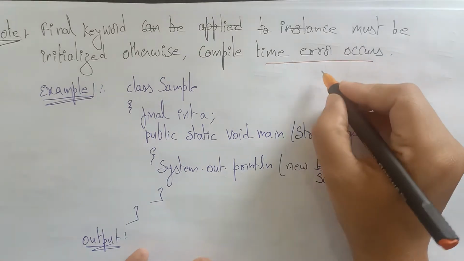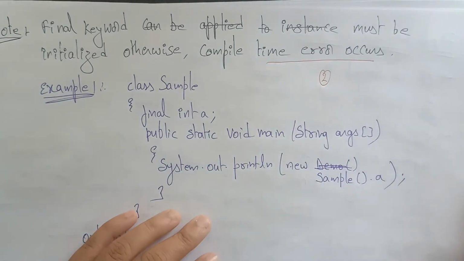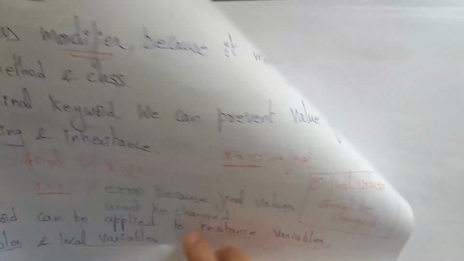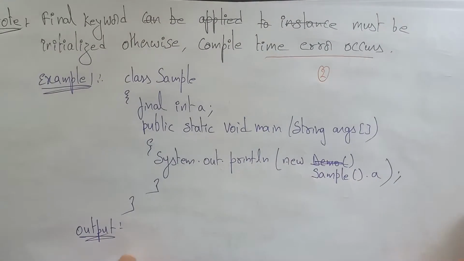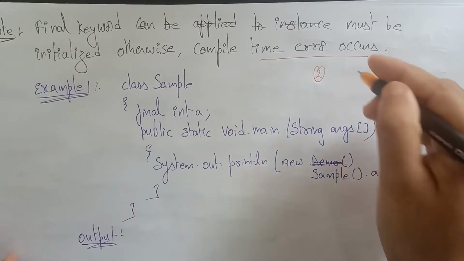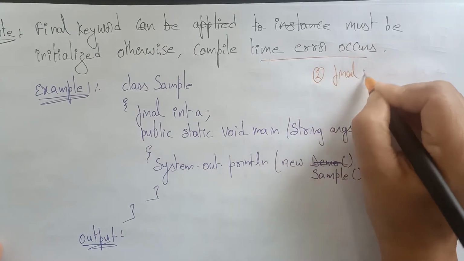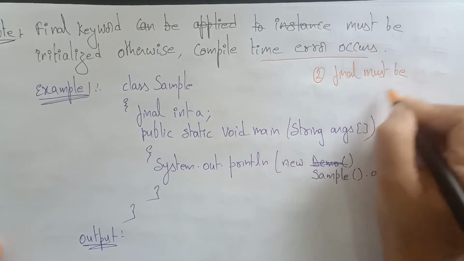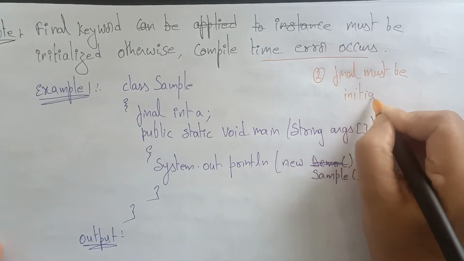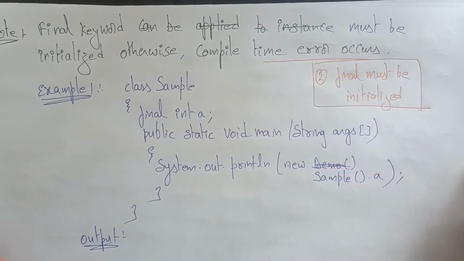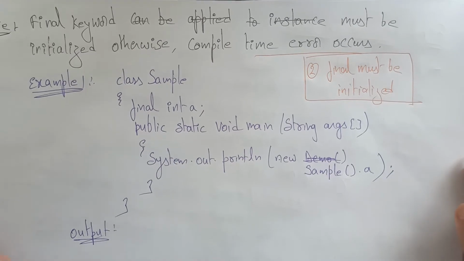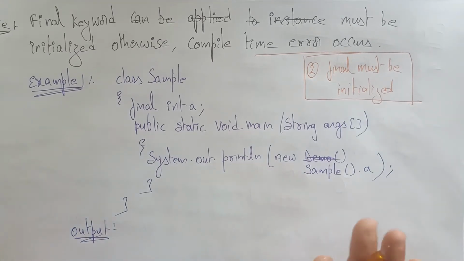So the first point is that the final value cannot be changed. Another important point is that final must be initialized.